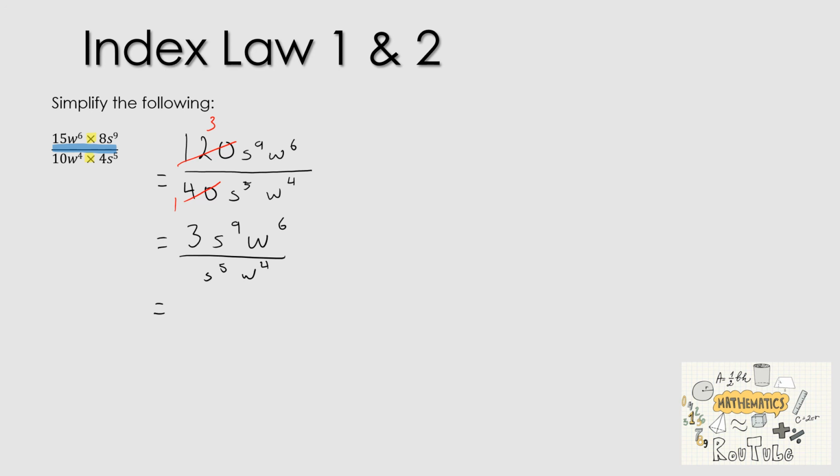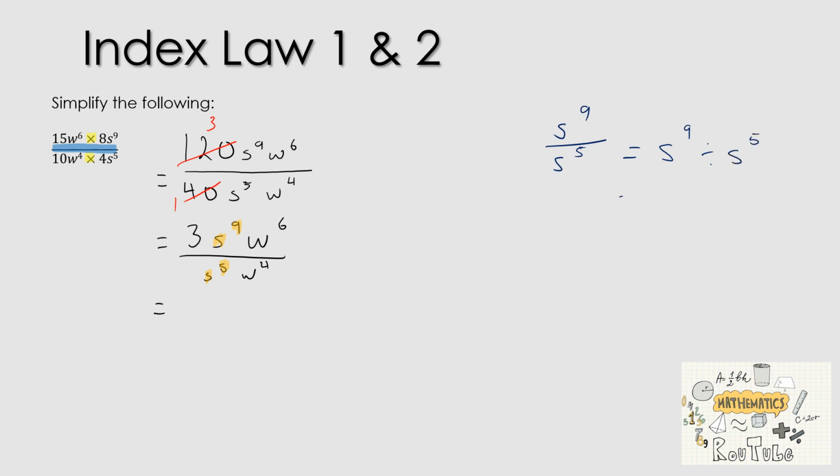So now I might just highlight what we've got. Now we've got s to the power of 9 over s to the power of 5. If we remember from the previous slide, what that means is s to the power of 9 divided by s to the power of 5.